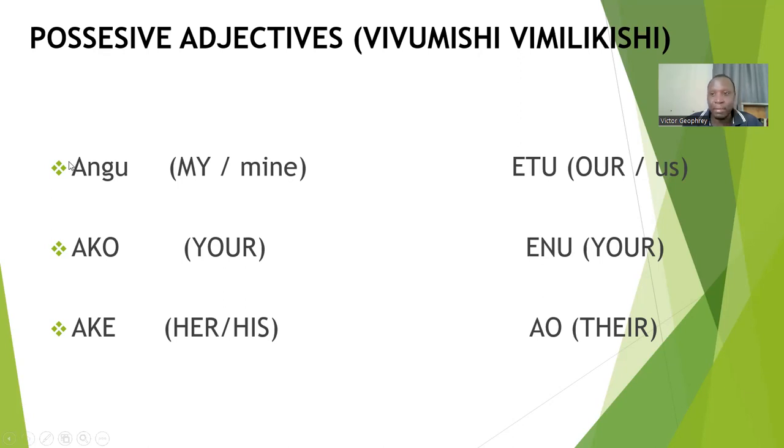For example, mti in plural is miti. So it becomes miti yangu, miti yetu, miti yako, miti yenu, miti yake, miti yao.